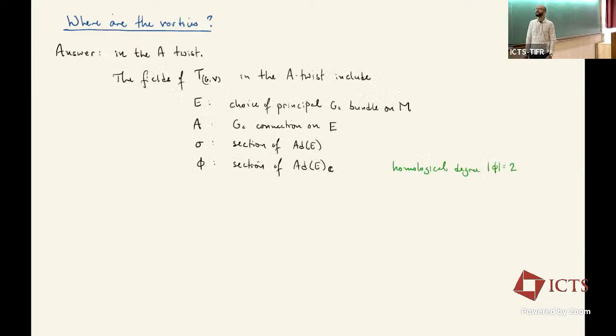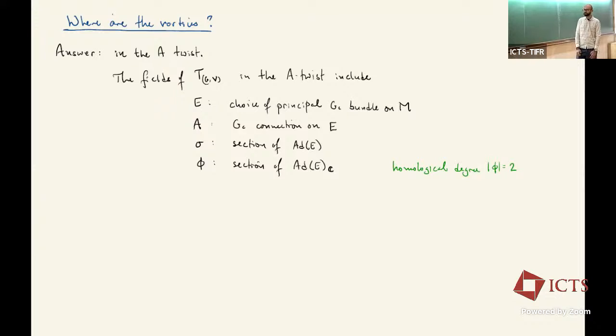And now you may ask, where are the vortices? And the short answer is that the vortices are sitting in the A-twist. Why are they sitting in the A-twist, and how can we see part of that?